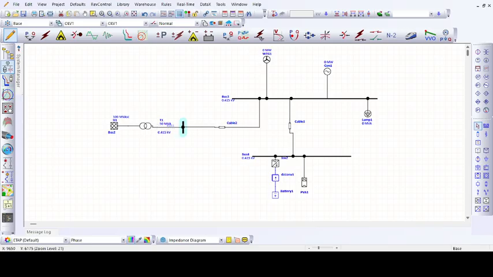Next we give the input to the cable here. In the cable, we have to give the particular length, and there are different types of cables. Based upon our requirement, we can give the cable input. I'm going to select the 50 Hertz metric copper cable of 0.5 kV.